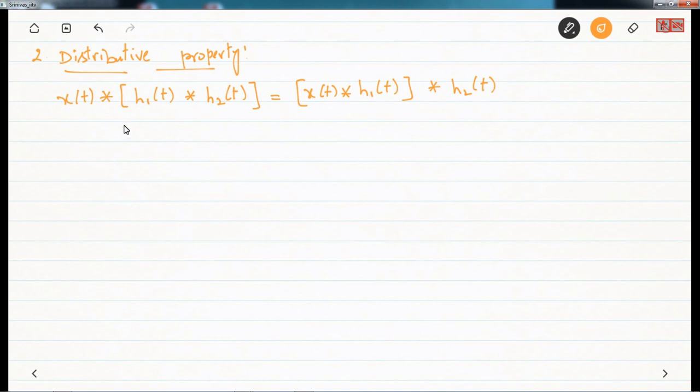This means that you are first convolving h1 of t with h2 of t, and then convolving this result with x of t. Whether you do that or you first convolve x of t with h1 of t and then convolve with h2 of t, both are the same.